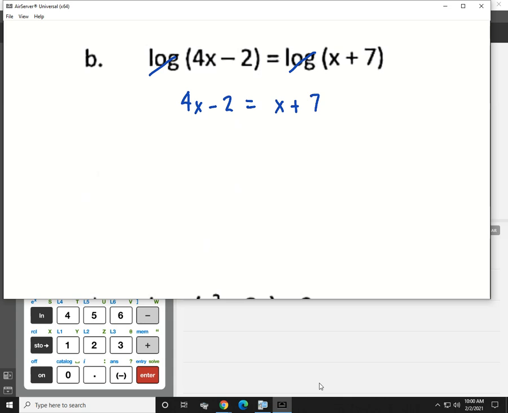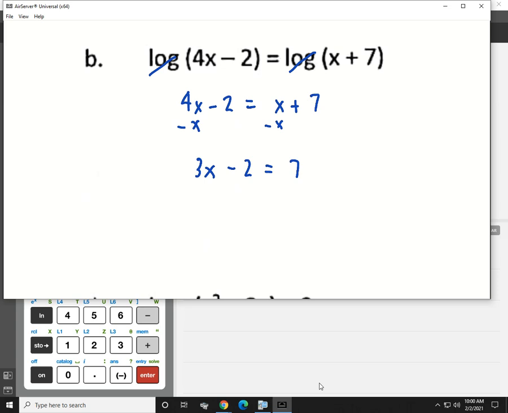I like to move the smaller variable first, since there's two variables. So which one's smaller, 4x or x? How do we move that x? We subtract x, right? What is 4x minus x? 3x minus 2 equals 7.